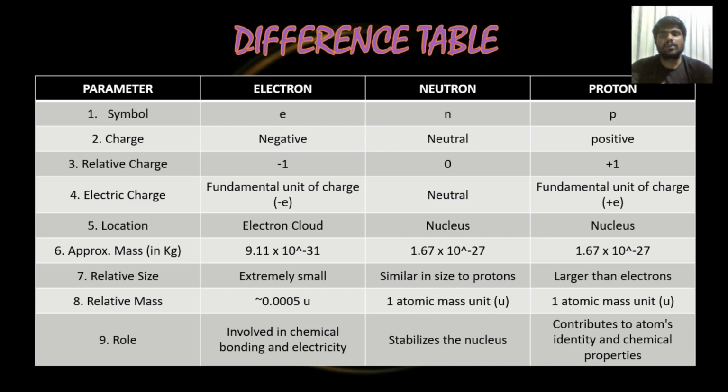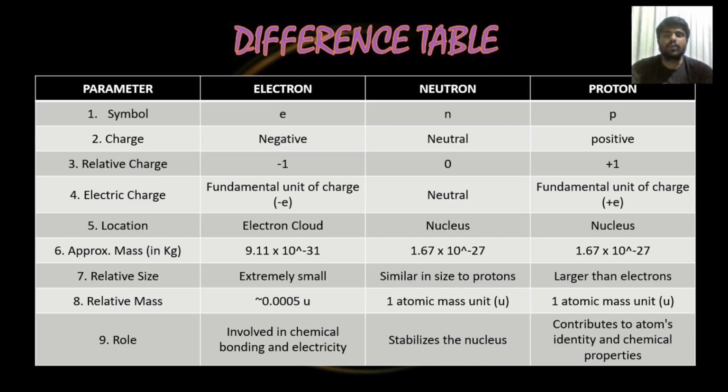Next point is location. Electrons are found in the electron cloud surrounding the nucleus, whereas neutrons and protons are found within the nucleus. Approximate mass in kg. Electrons have mass around 9.11 into 10 raised to minus 31, and protons and neutrons have around 1.67 into 10 raised to minus 27 kg.